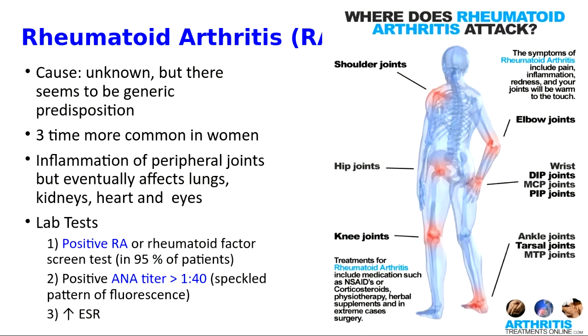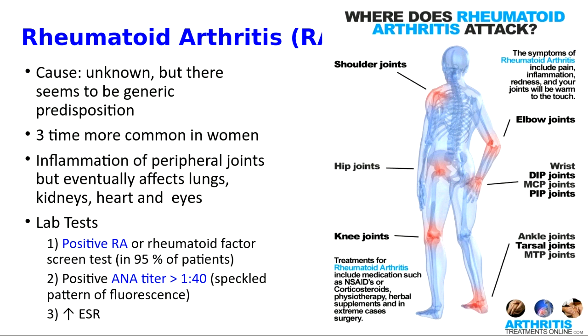So that's bad for us ladies. There is a lot of inflammation in the joints, but as the disease progresses, as the antibodies fail to recognize self, those antibodies can also start affecting other tissue, such as the lungs or the kidneys or the eyes. So it can be really bad.